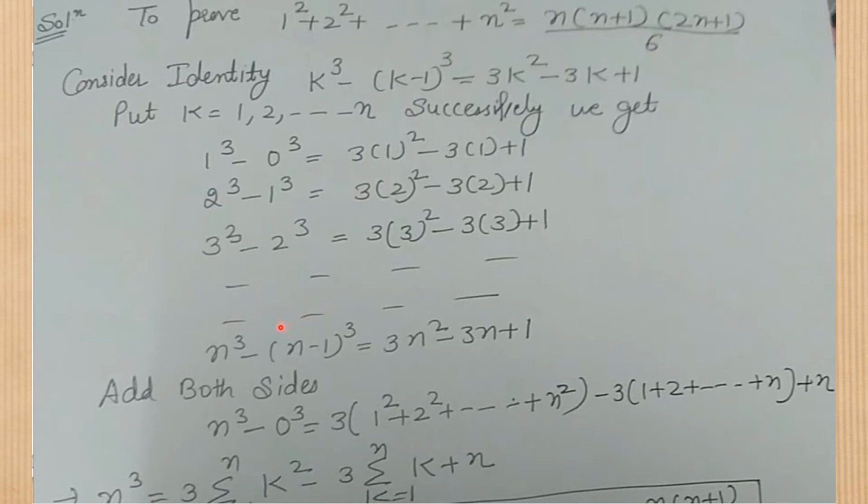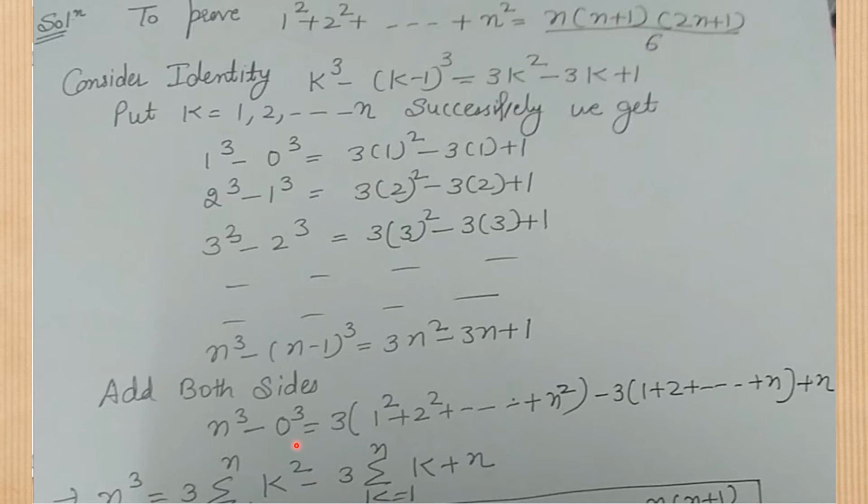See the pattern. In this order, n minus 1 cube will be cancelled with the previous one. So I will just get n cube minus 0 cube when I add all of them.